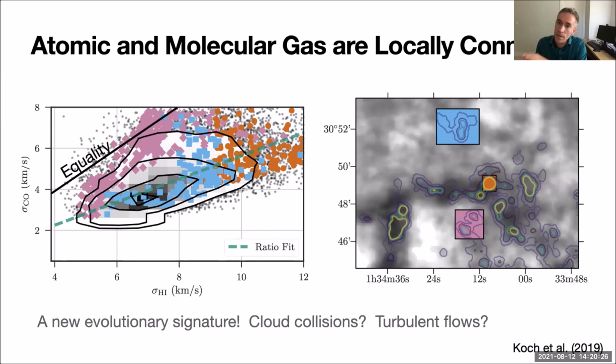And the stuff where the CO has sort of settled out to have a relatively narrow line width is probably a later evolutionary state. And so we're testing models that are quite popular for understanding this cloud formation using theories of cloud collisions or turbulent flows to understand how the atomic and molecular gas are connected. We really have good data to start to pick that apart.